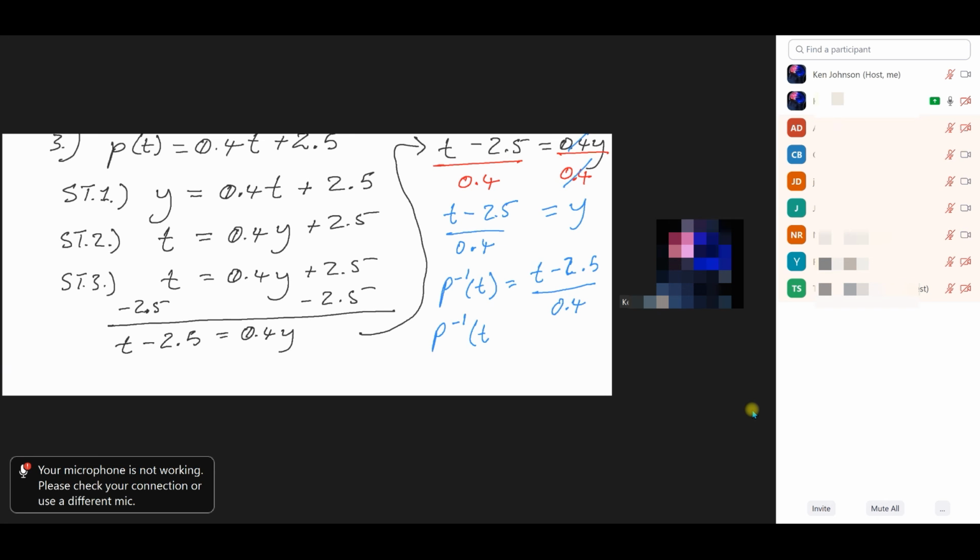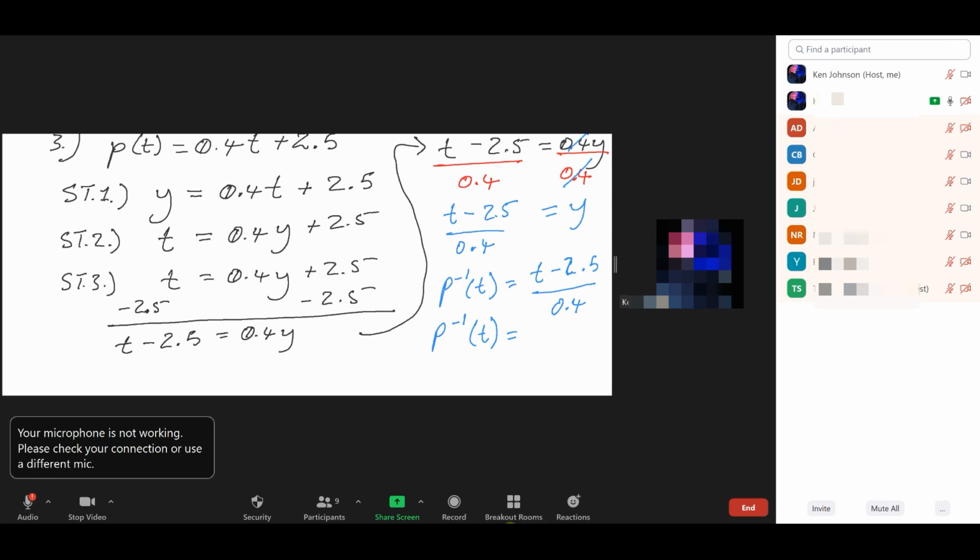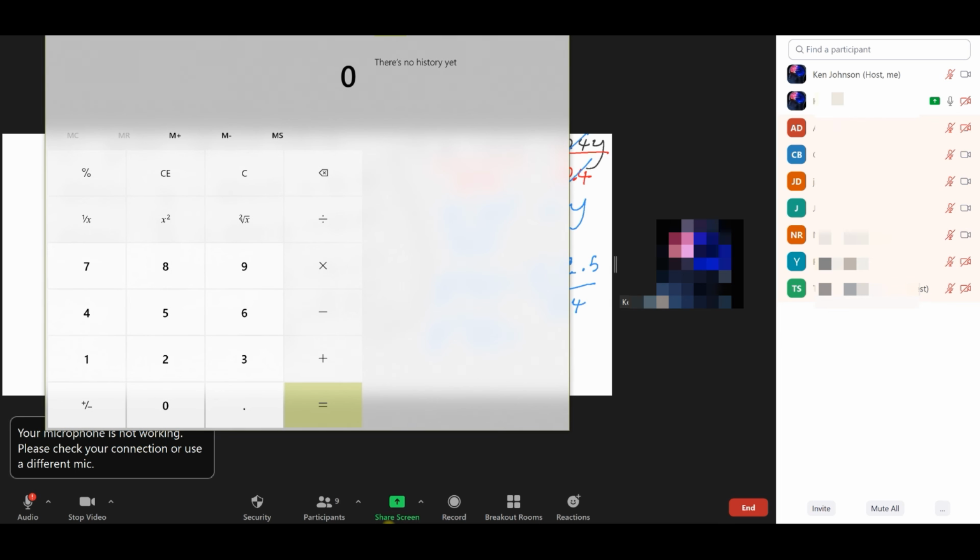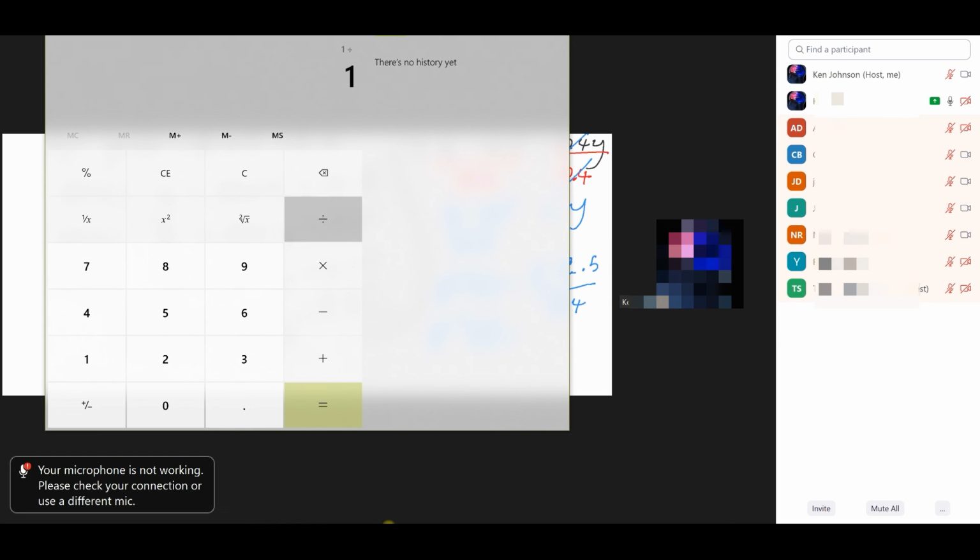All right, what we could do is divide each term in the numerator by 0.4. So we'll do 1 divided by 0.4. One divided by 0.4, we'll get 2.5. So that would be 2.5t.